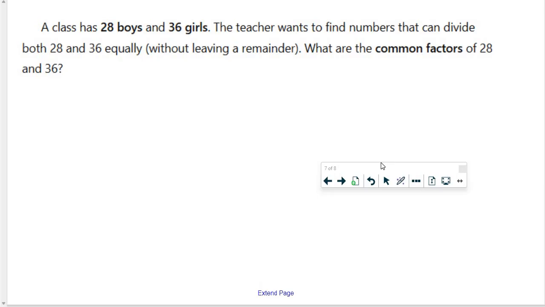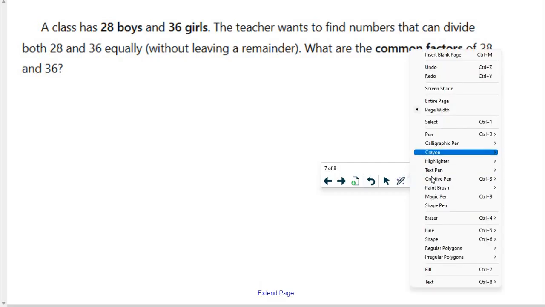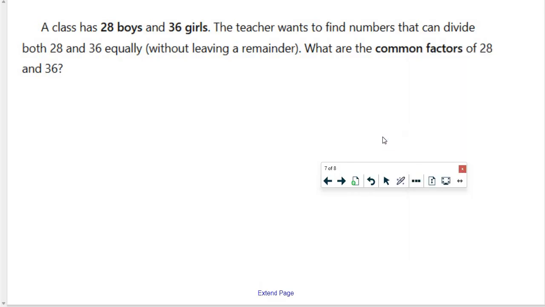A class has 28 boys and 36 girls. Now, the teacher wants to find the numbers that can divide both 28 and 36 equally without leaving a remainder.